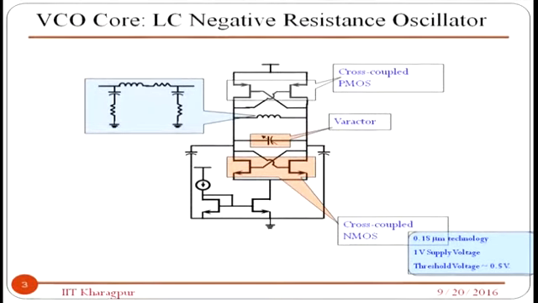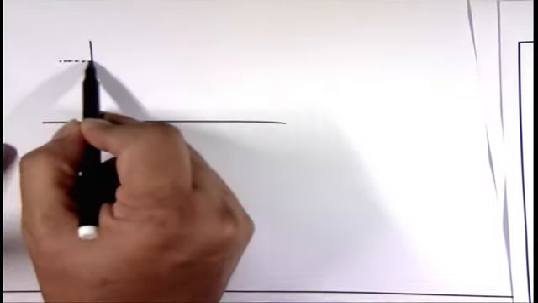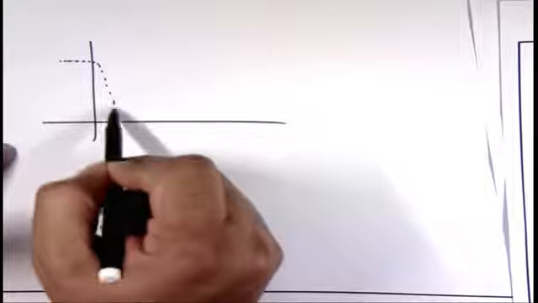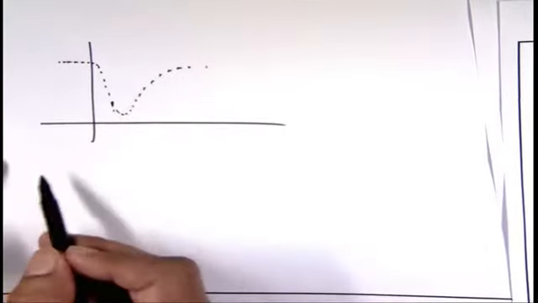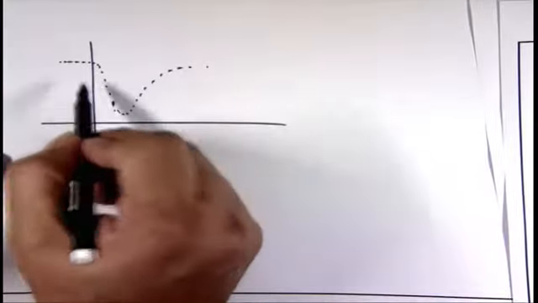And for this MOS varactor, if you look at the transformation of any MOS varactor, you have to think carefully about what you want. You actually want a variable capacitance across the frequency or voltage.